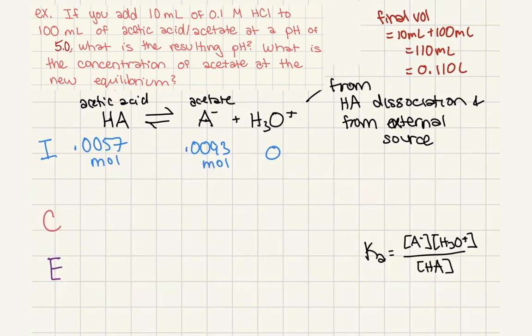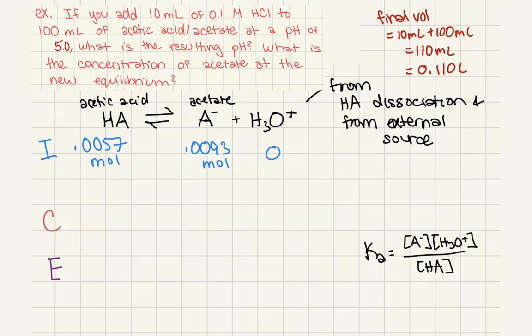Now that we have the number of moles, let's go ahead and stick that into our ICE table, and then we can look at how things will change. In terms of the change, what we're doing is adding 10 milliliters of 0.1 molar hydrochloric acid. We need to figure out how many moles of H3O plus we're actually going to be adding, because remember that the HCl is going to dissociate to give you H3O plus.